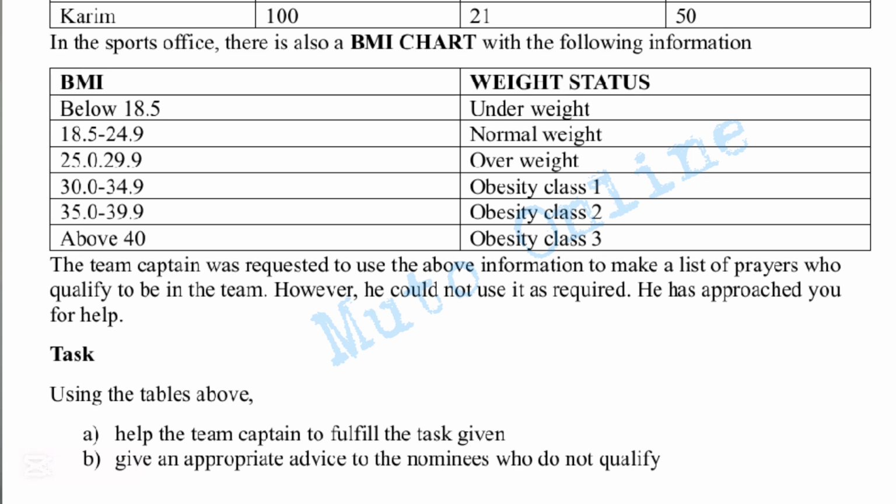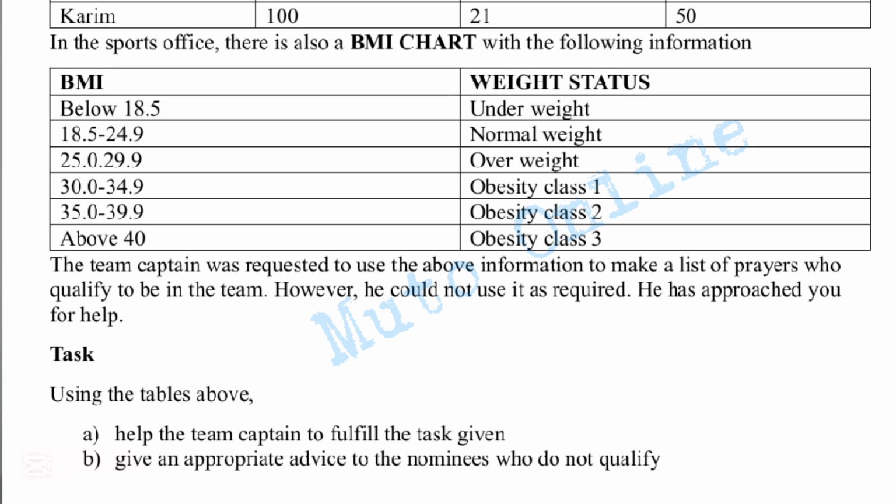The one of 25.5 to 29.9 is said to be with overweight. A person with 30.5 to 34.9 is said to be with obese class 1.